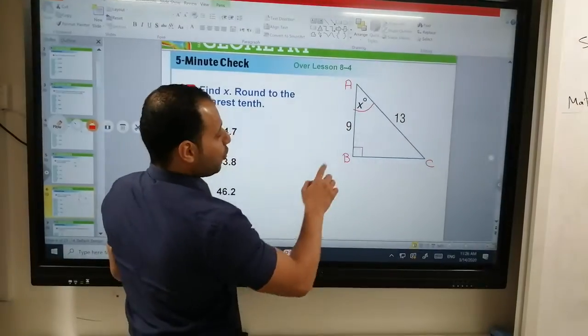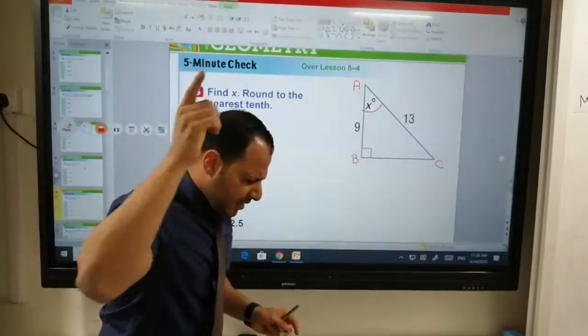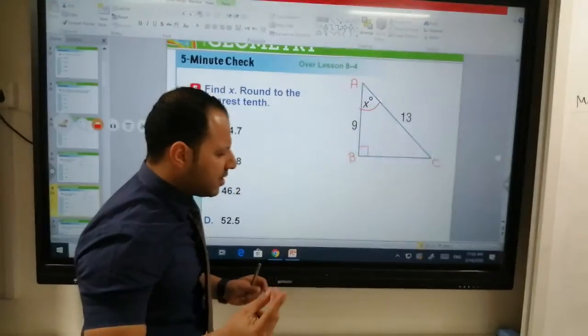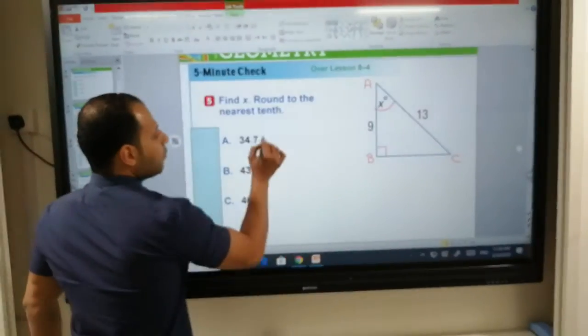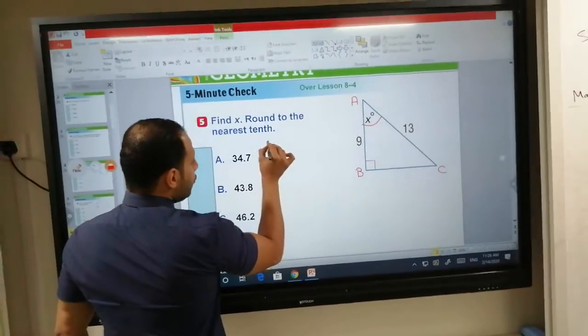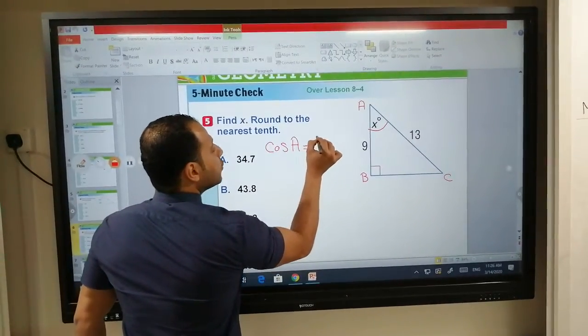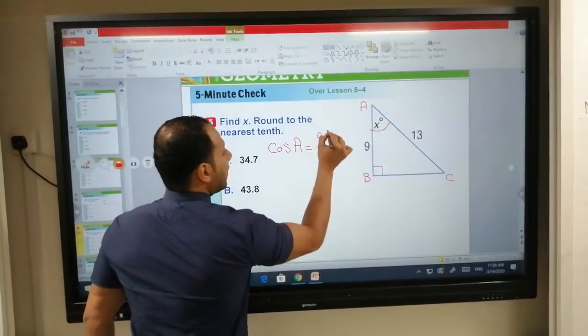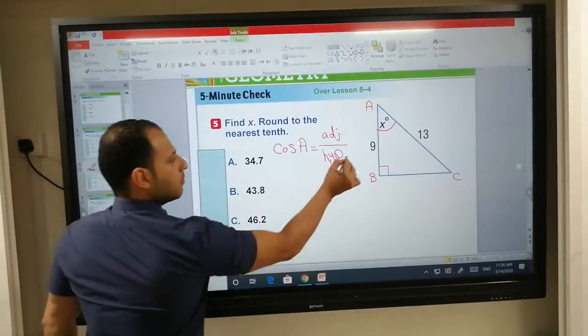So you have adjacent and hypotenuse. What is the rule that gives me adjacent and the hypotenuse? Cosine A is equal to adjacent over hypotenuse.